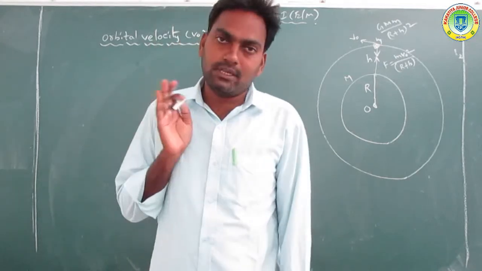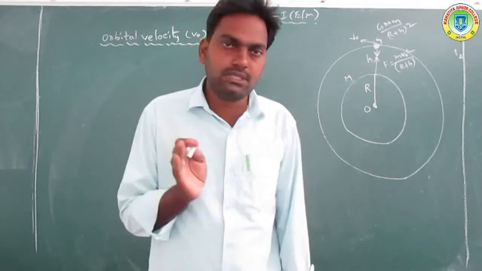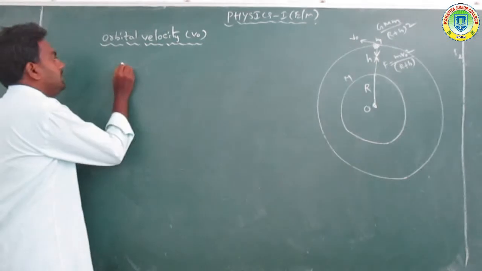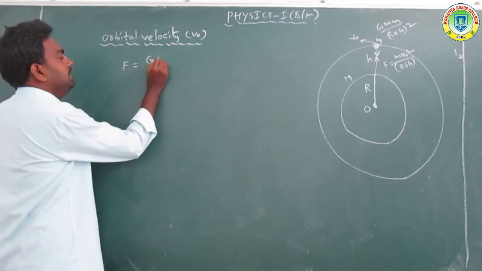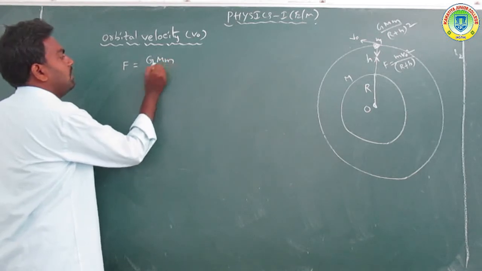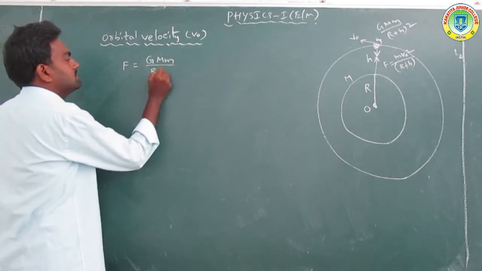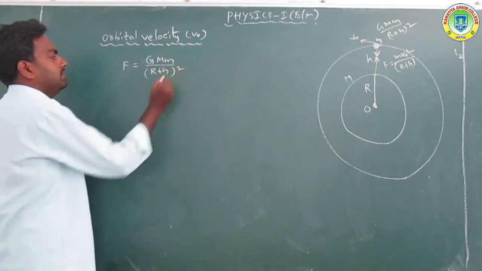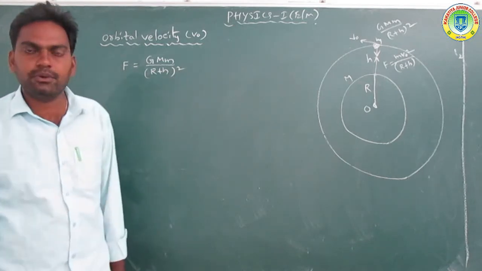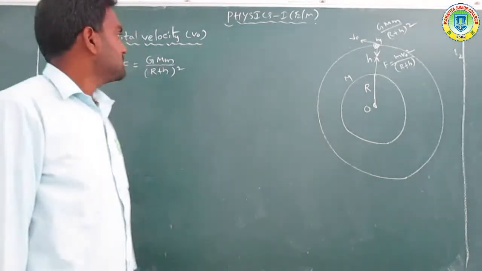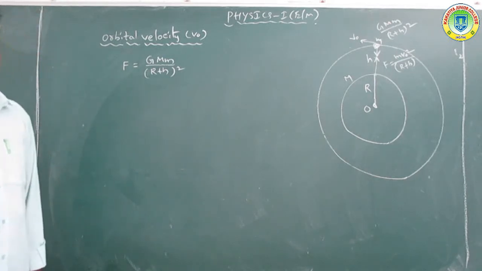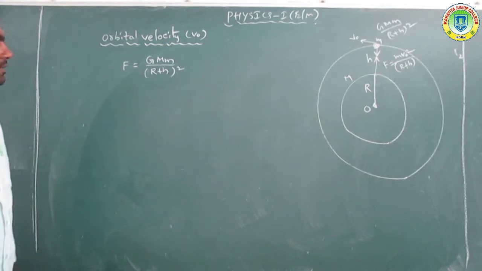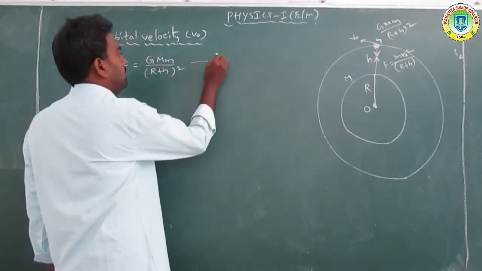According to the gravitation law, F is equal to G capital M small m by (R plus h) whole square. This is equation 1.